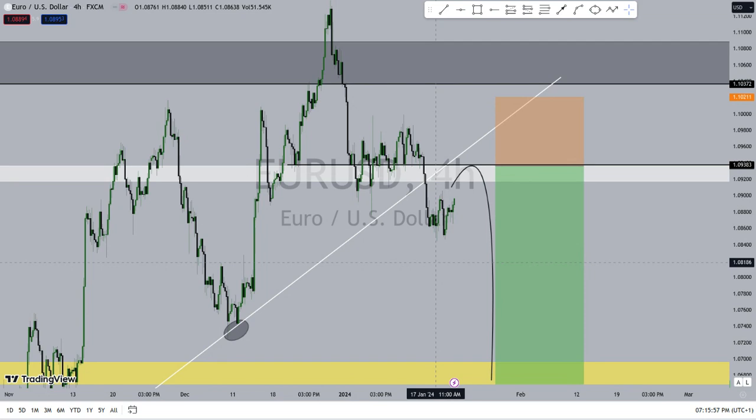Price tends not to respect minor levels, but respects major levels more. That is it.